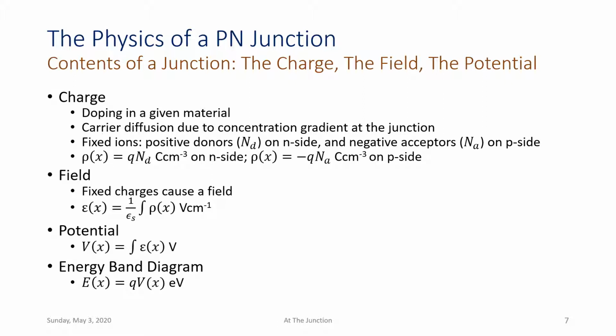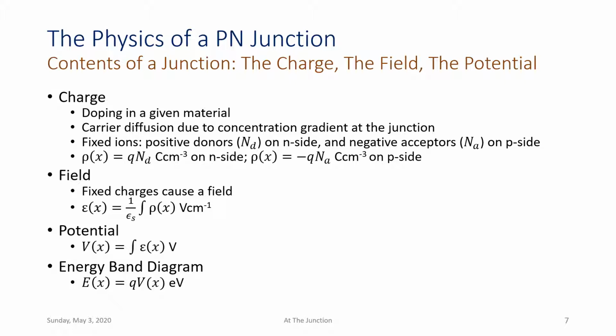So let us explore the role played by each of the contents of a junction. When we dope a semiconductor p-type on one side and n-type on the other side, there is a carrier concentration gradient that forms. Because of this, the carriers diffuse towards each other.